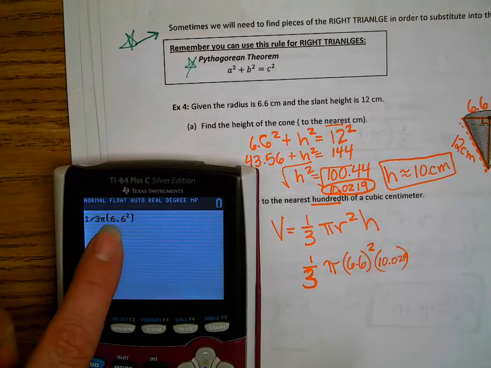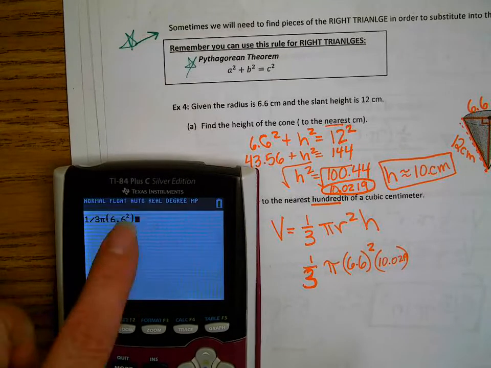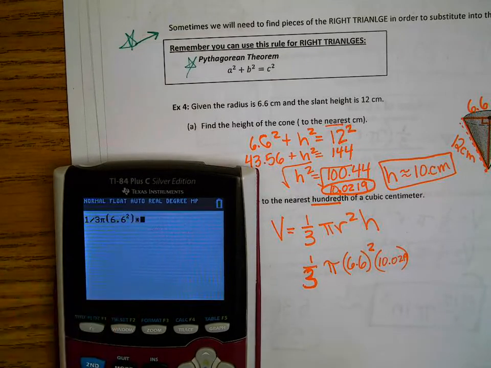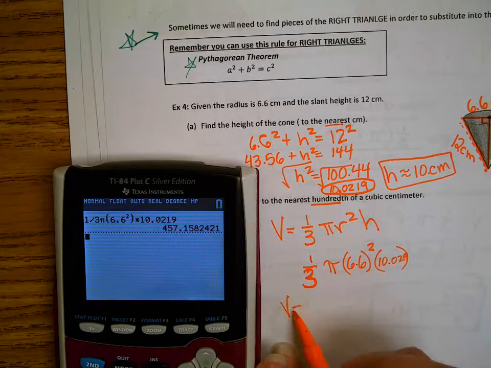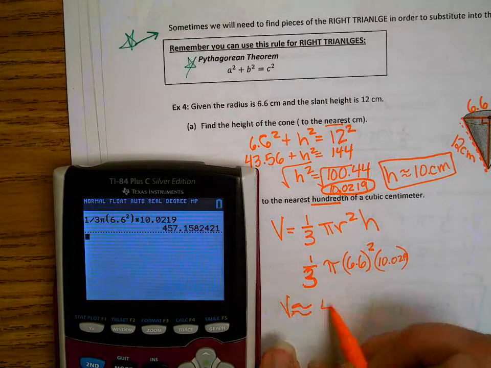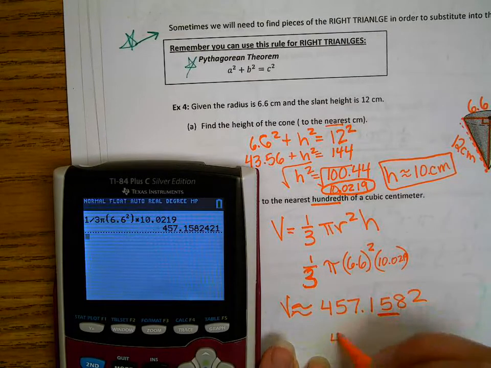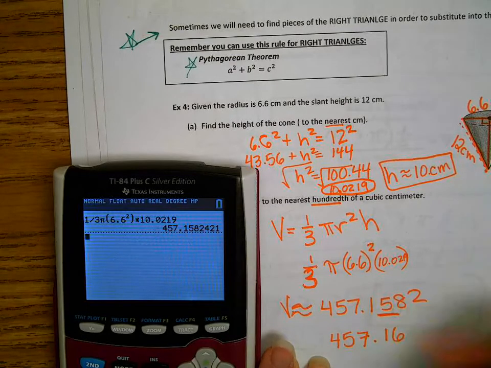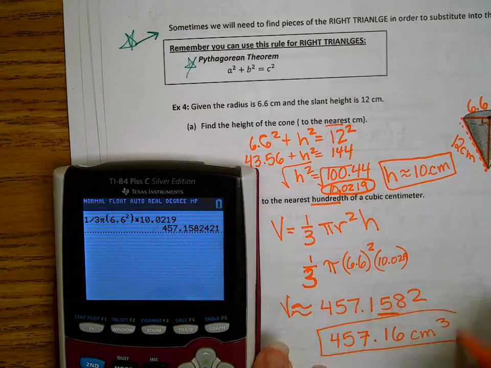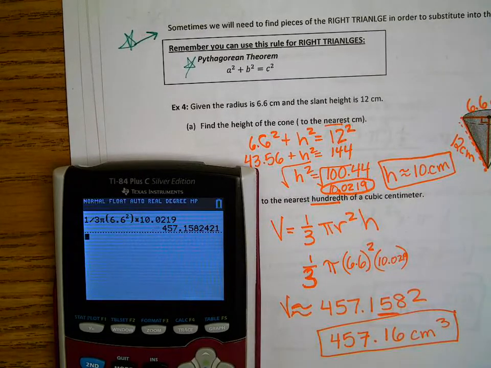As long as 6.6 is getting squared, the squared can be inside or outside of that set of parentheses, but then times that 10.0219. So our volume here will approximate to 457.1582. And again, rounded to the hundredths place is going to be 457.16 cubic centimeters, or centimeters to the third power.